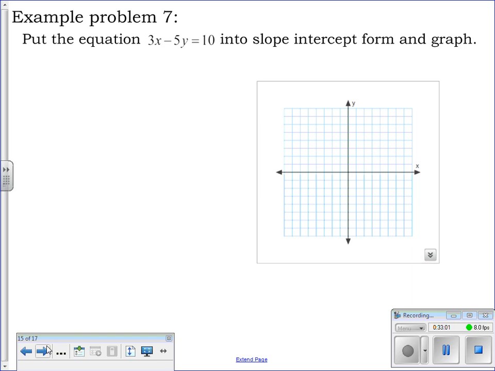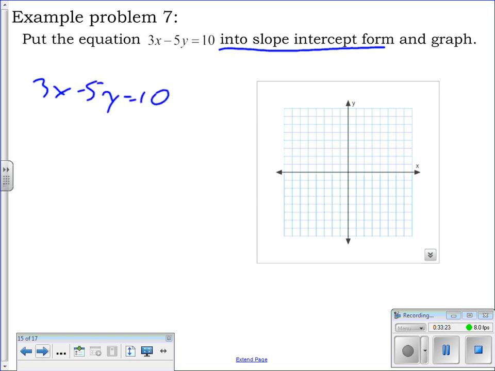Example problem number 7. Ooh, we're getting there. Almost there. Long day today. It says to do 2 things. First, put it into slope-intercept form and then graph it. So, 3x minus 5y equals 10.